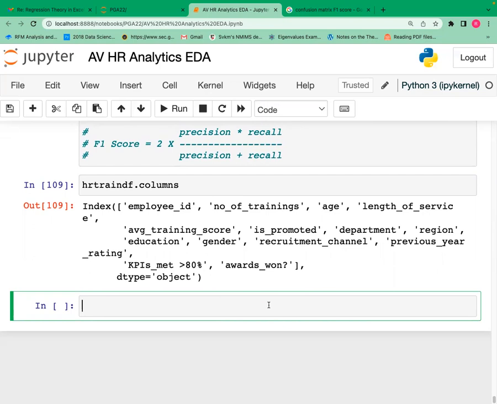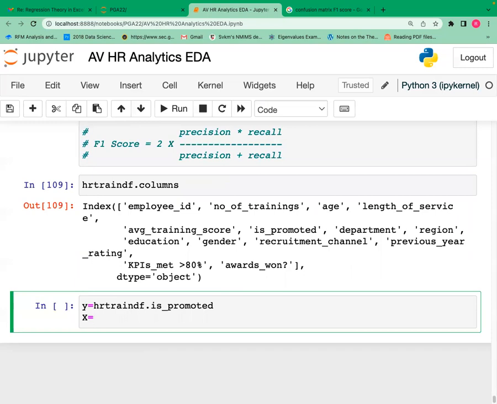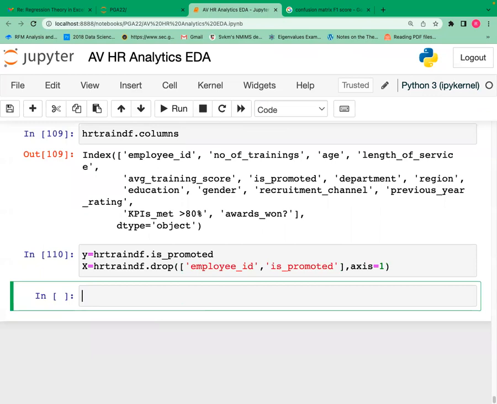So y is equal to HR trained dot is_promoted. X is equal to HR trained dot drop, employee ID, comma is_promoted, comma axis equal to 1, which is column dropping. We are separating the data into dependent variable y and independent variable x.